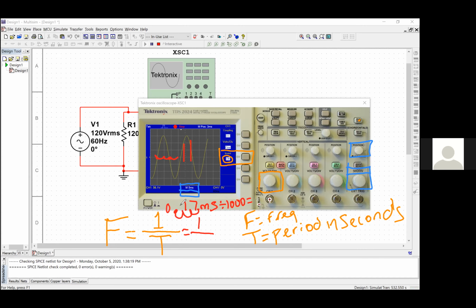In this case, we have 0.017 seconds. When we get the inverse of that, or divide 1 by that value, we are going to get a frequency equal to 58.83 hertz.